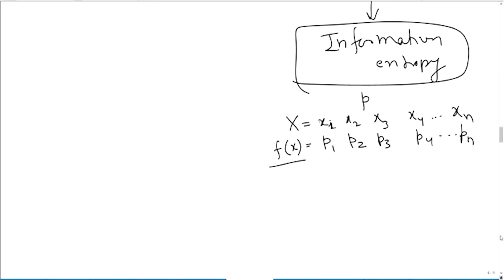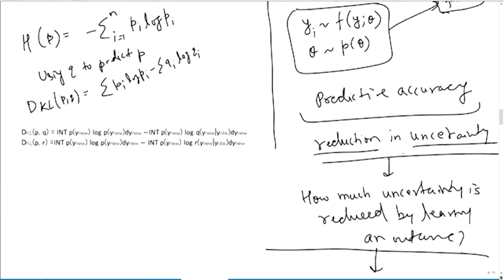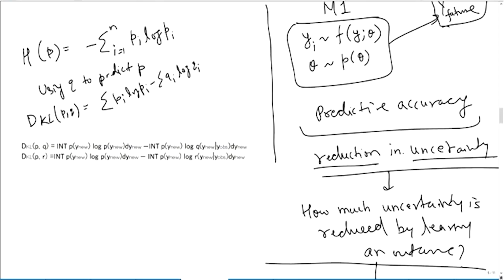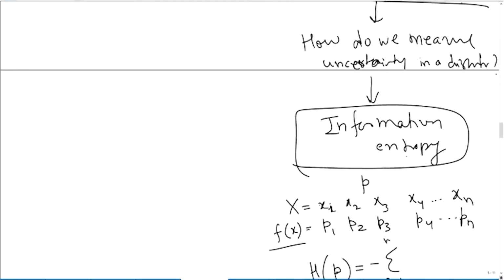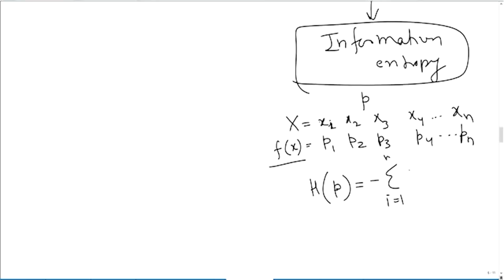So the idea is this: the information entropy of this probability distribution P is given by the negative of the expected log of probability.